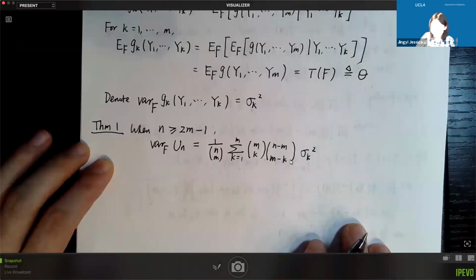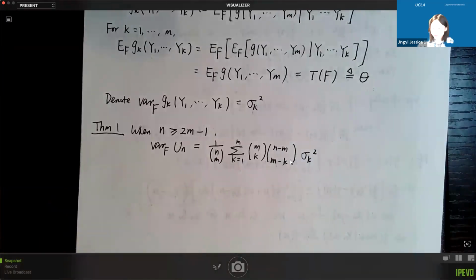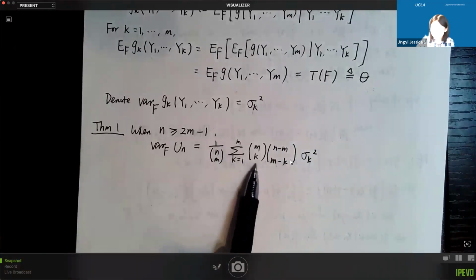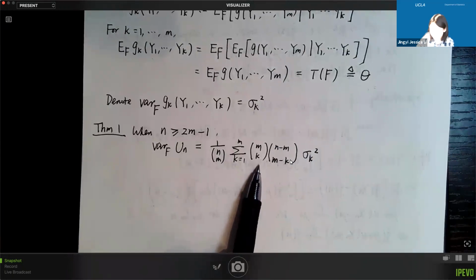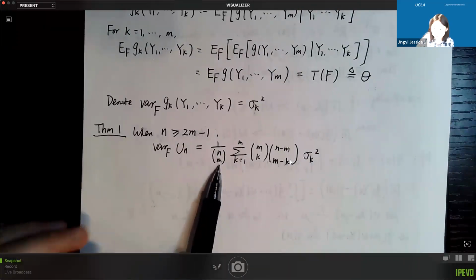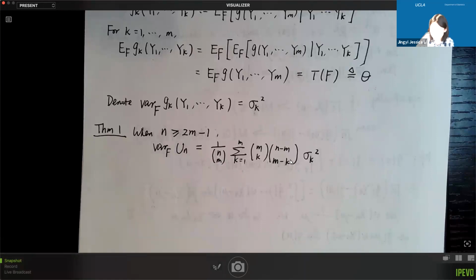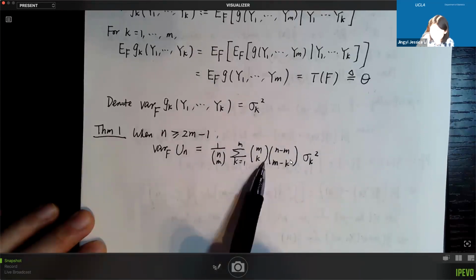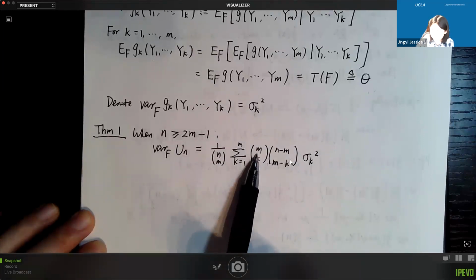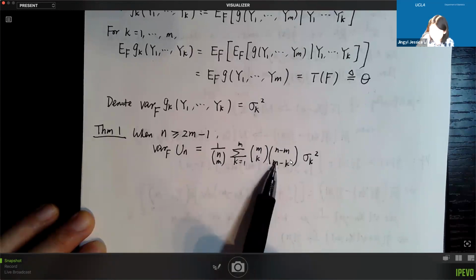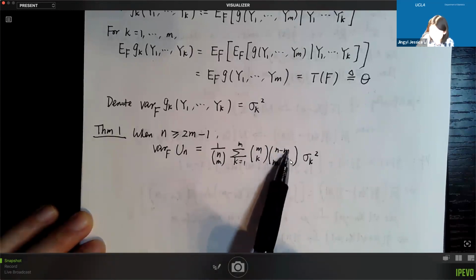If you are familiar with the hypergeometric distribution, you have seen something similar. Here, n choose m is all the possibilities where we select m random variables out of n random variables. And this other term means that from the m variables, we select k, and we also select the remaining m minus k from n minus m.